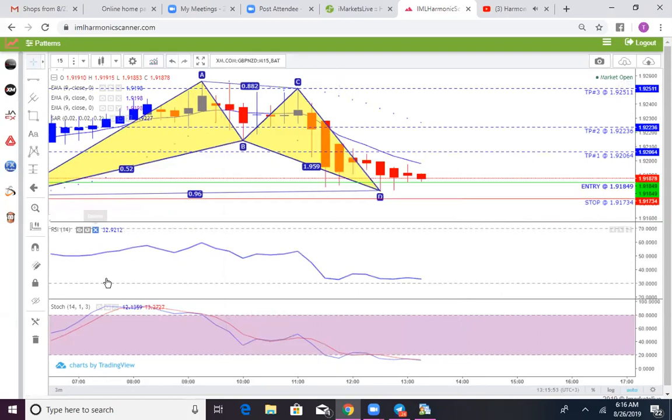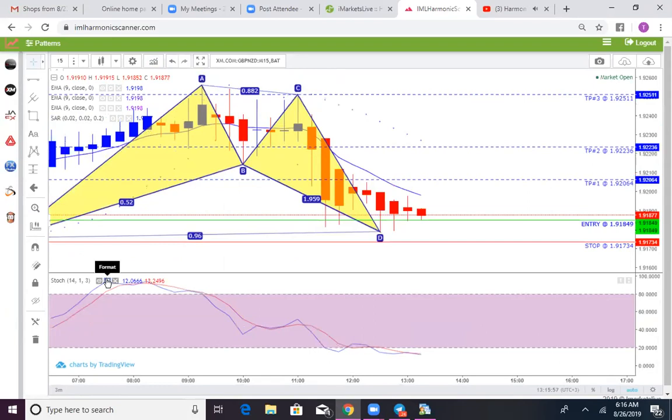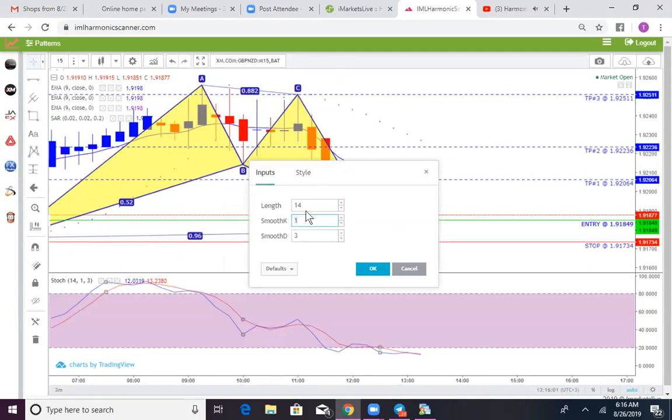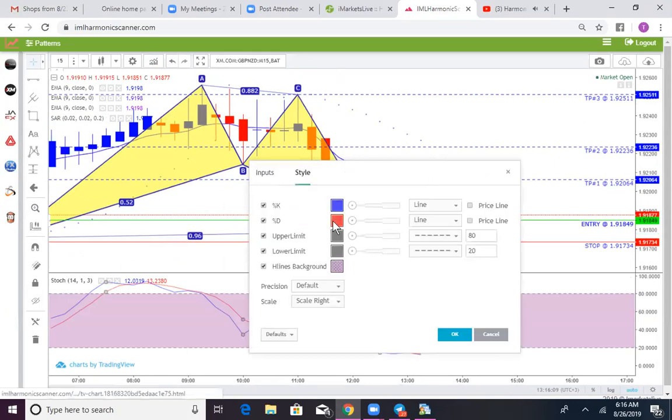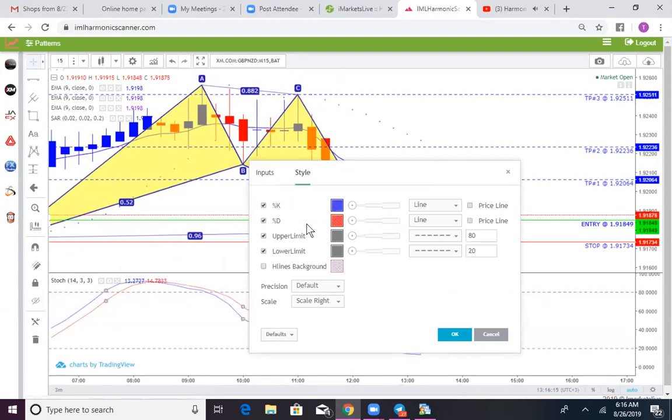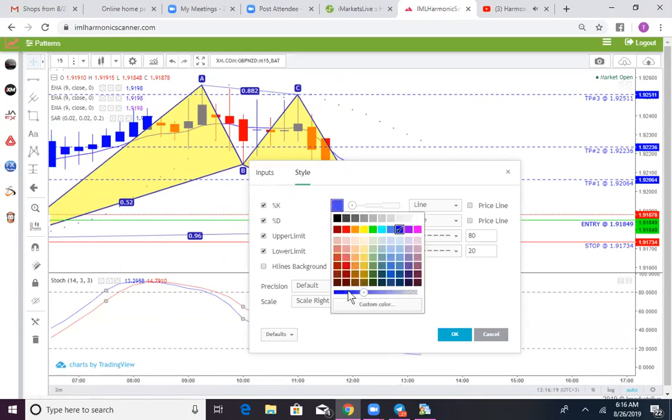So you can come here to the middle one for stochastic. Your setting is going to be 14, 3, 3. The length is 14, smooth K 3, smooth D 3. Style: I don't like that background, so I take it out. My K, I want my color smooth.